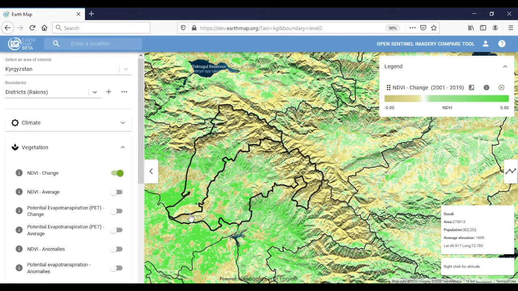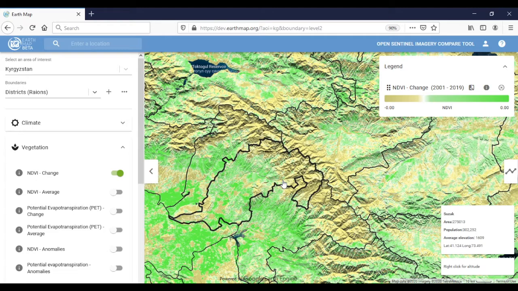The brownish color represents vegetation intensity that is declining, but it declines especially in the mountainous region. So based on the result of this little analysis presented with the land productivity dynamics and the NDVI change, the EarthMap user can already assume the presence of grassland degradation and risk of landslides in the mountainous region of Susak.